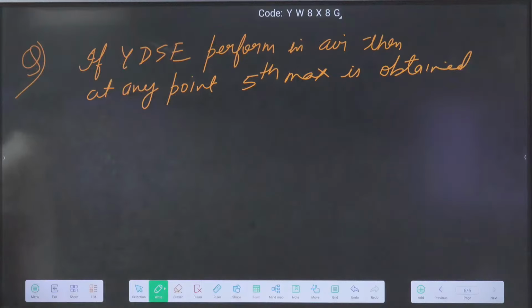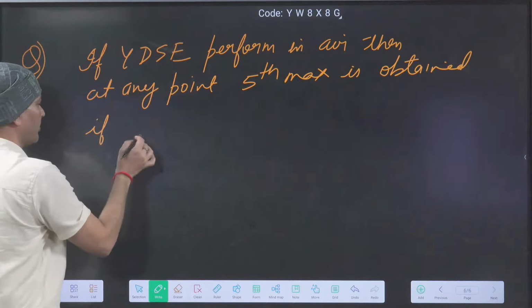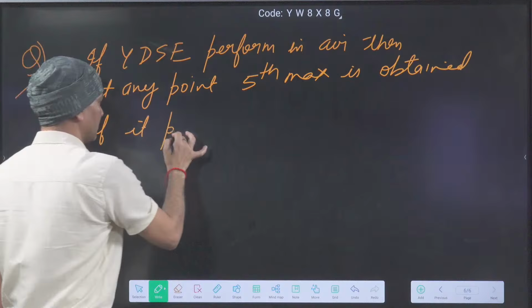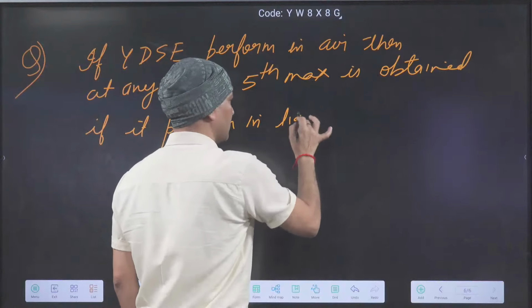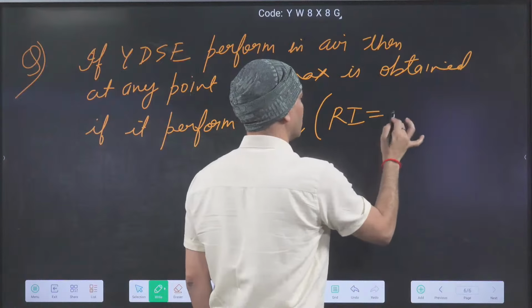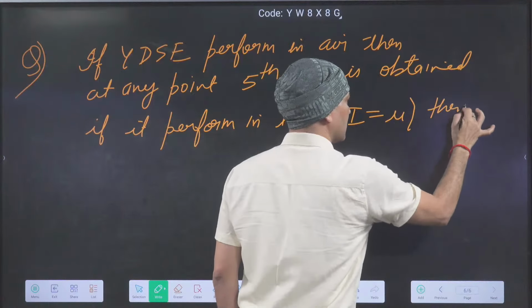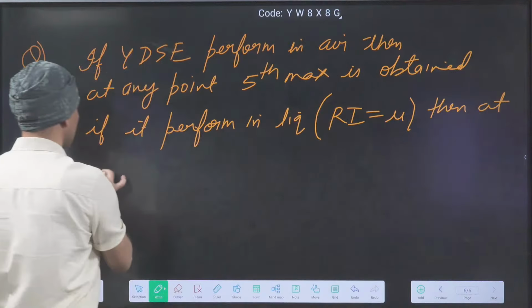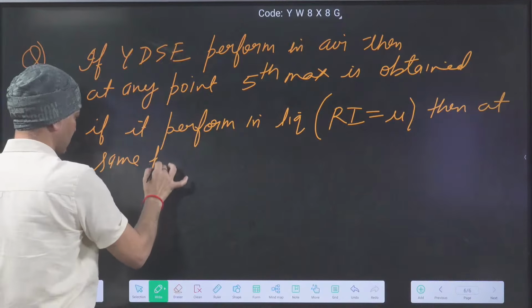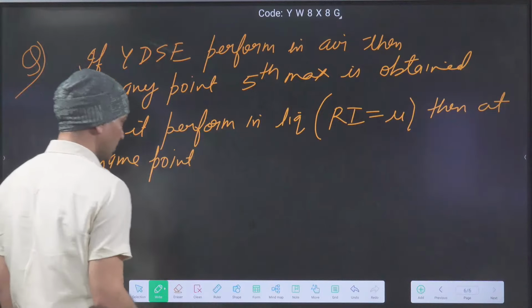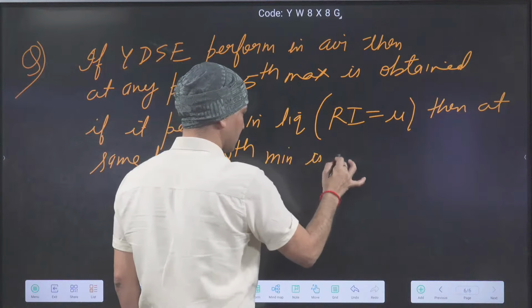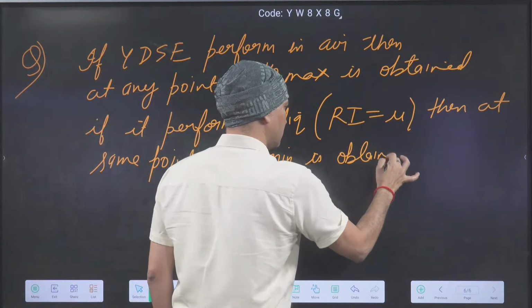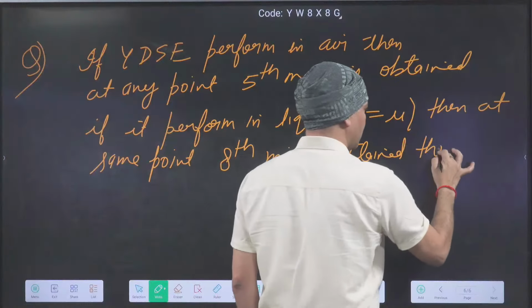If it is performed in a liquid of refractive index mu, then at the same point eighth minima is obtained. Then find mu.